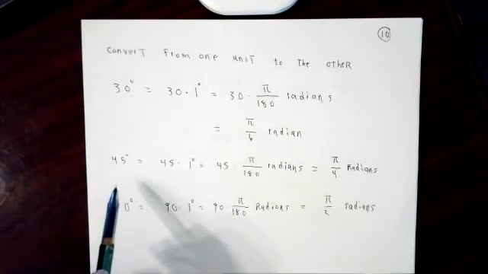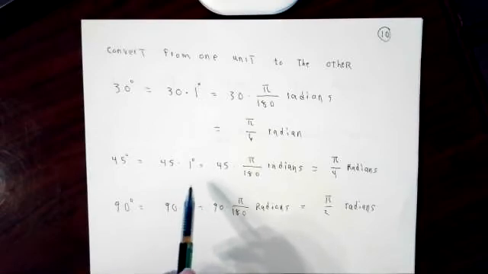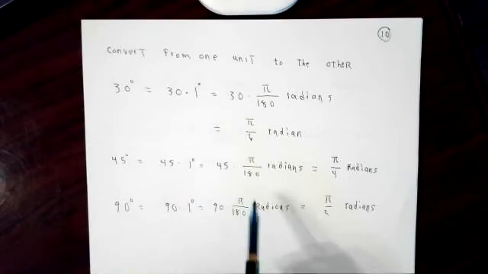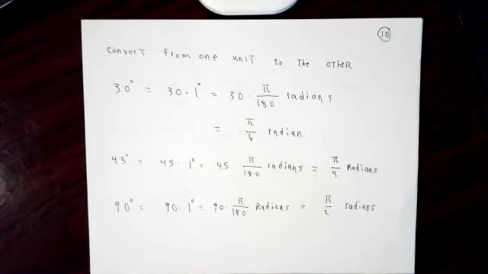Likewise, 45 degrees is 45 times 1 degree. Do the arithmetic. 45 degrees is pi over 4 radians. 90 degrees ends up being pi over 2 radians. These are some of our commonly seen angles.